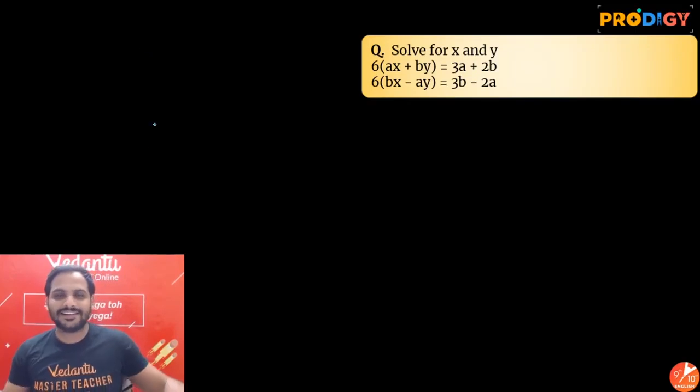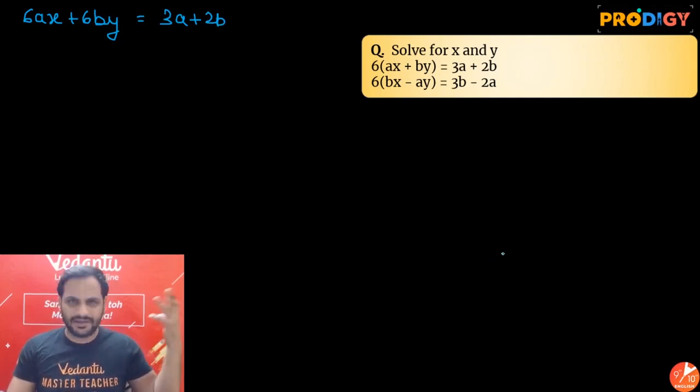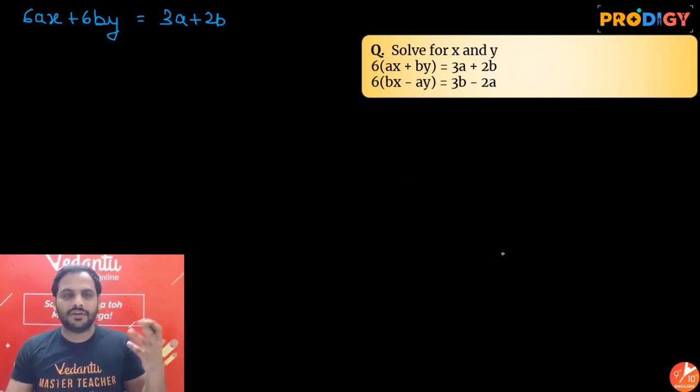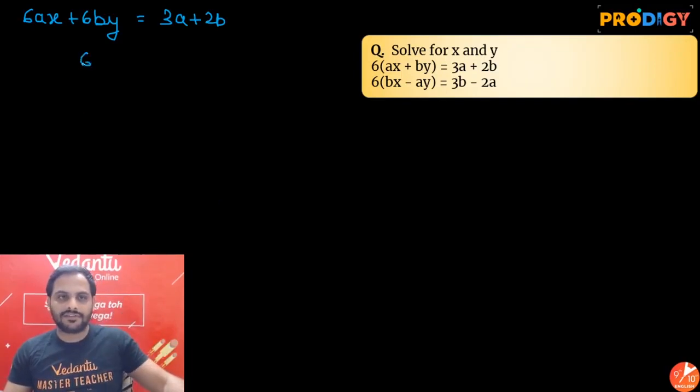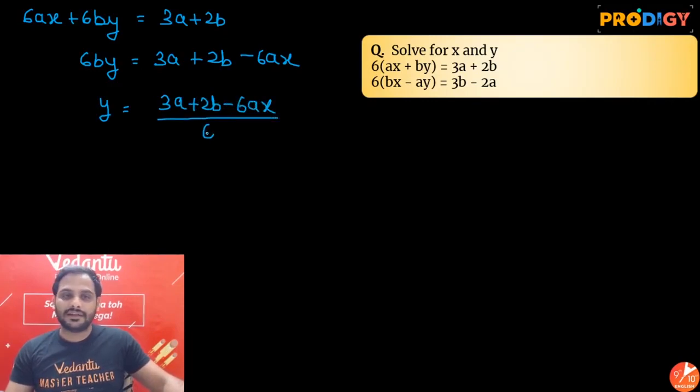Let's say I want to get y in terms of the other variables. 6by can be written as 3a plus 2b minus 6ax, so y will be equal to 3a plus 2b minus 6ax divided by 6b.